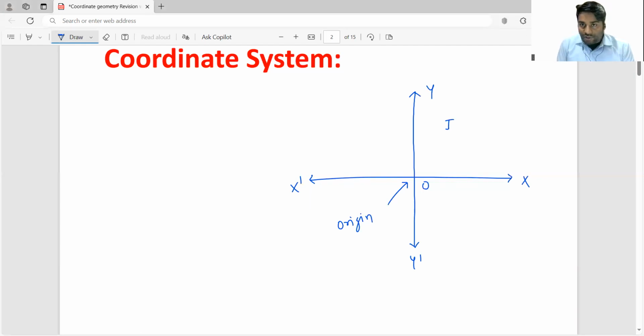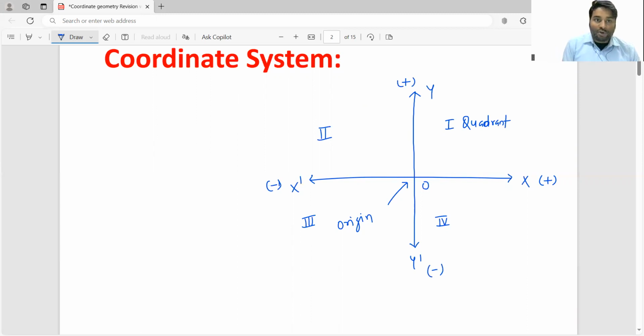This is the first quadrant, this is the second quadrant, this is the third quadrant, and this is the fourth quadrant, right? So this side x will be positive, this side x will be negative, again this side y will be positive, and this side will be negative.